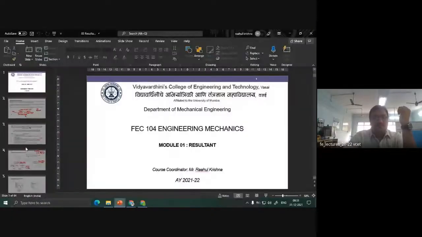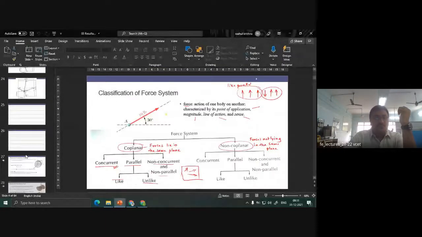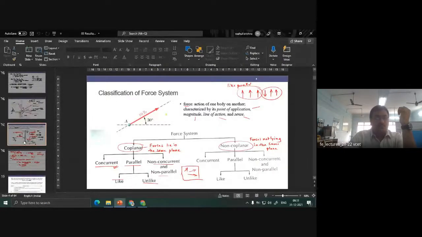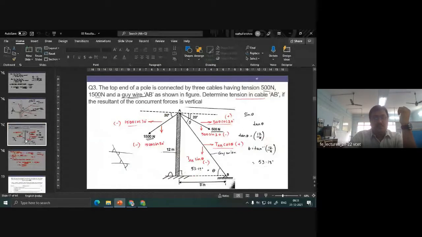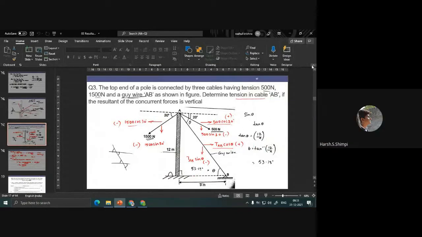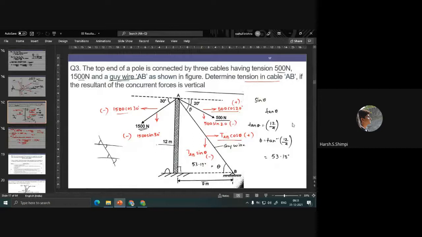The question was, in the figure, there was a vertical pole and a horizontal axis, with about a 30 degree angle to one side and a 20 degree angle to the other side.